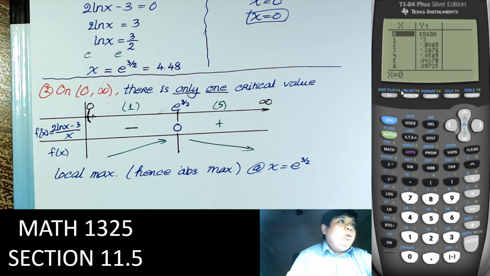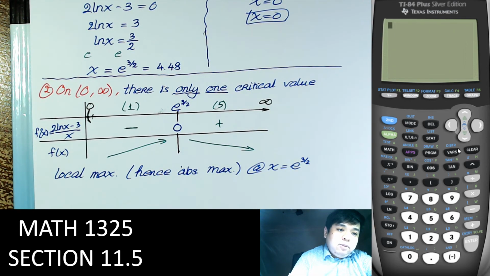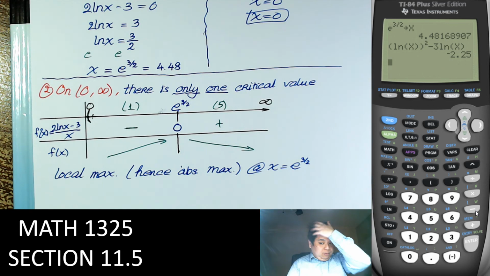Right, now we can evaluate e to the 3/2 and plug it into x, and then we have the function ln of x squared minus 3 ln of x, and we have negative 2.25.